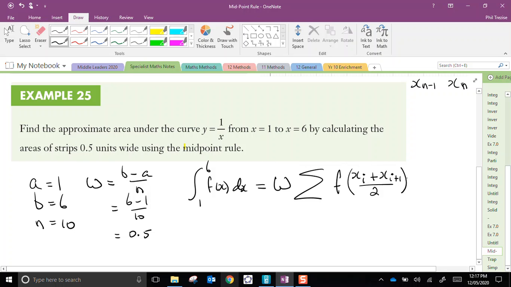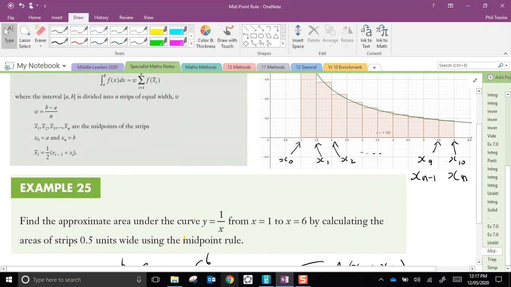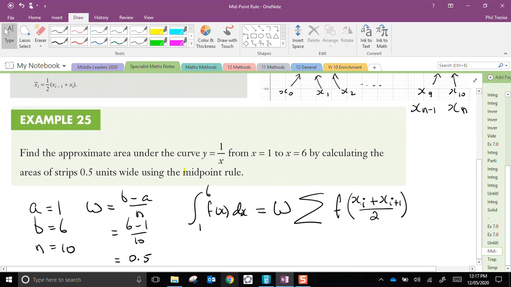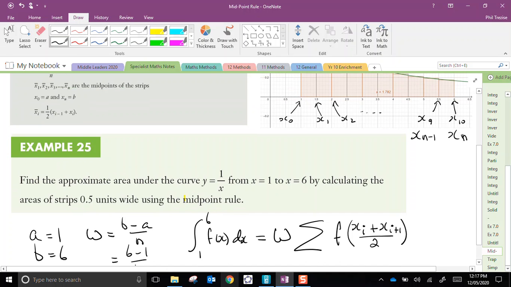Now what does this i represent? i represents just a counter. I will count from 0. If i starts at 0, then that evaluates to be x0 plus x1, in other words, the edges of the first rectangle. I'll make a note here that i must start at 0.